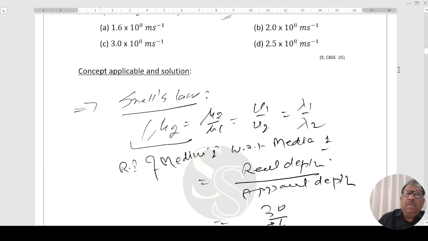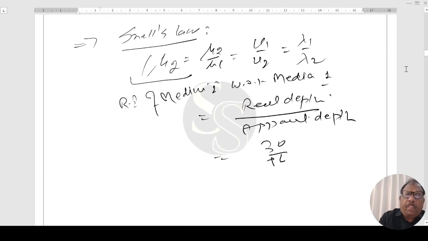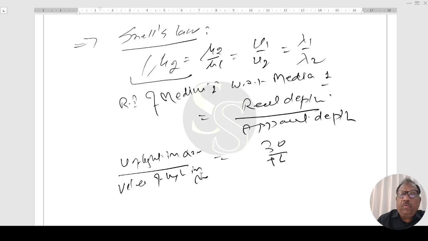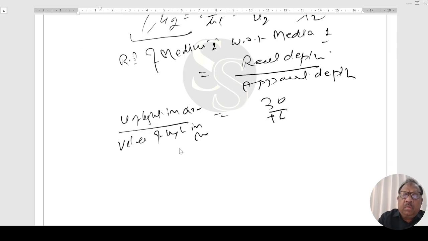Velocity of light in air divided by velocity of light in medium. We have to find V air over V medium, that is 3 into 10 to the power 8 divided by V medium equal to 30 upon 16.